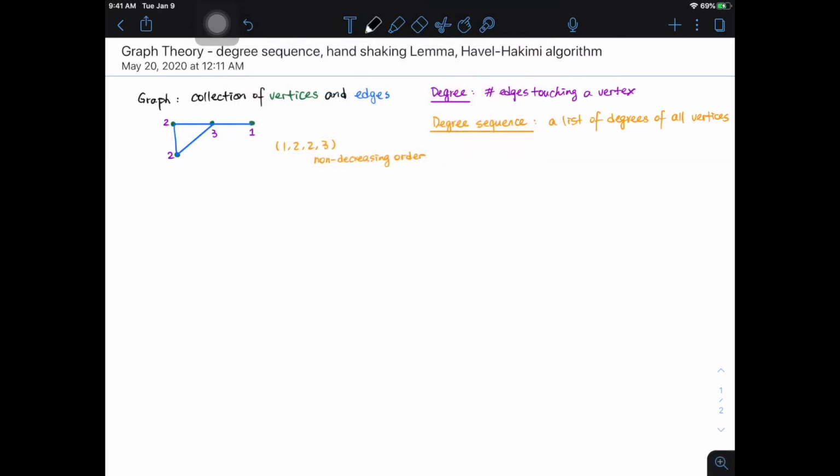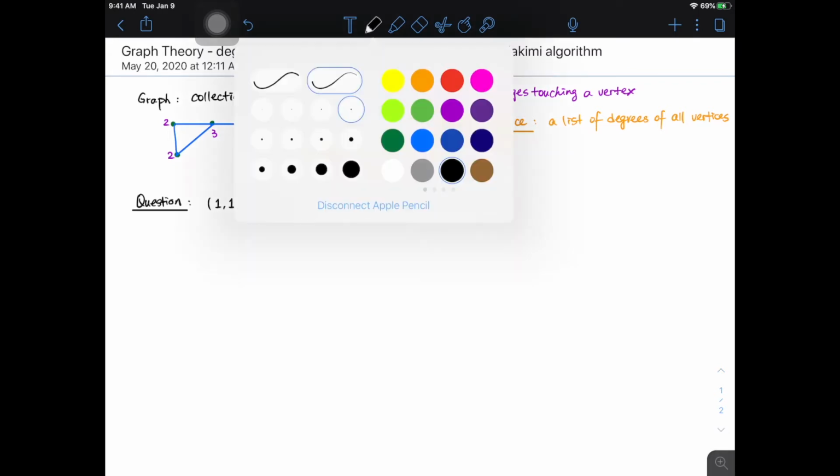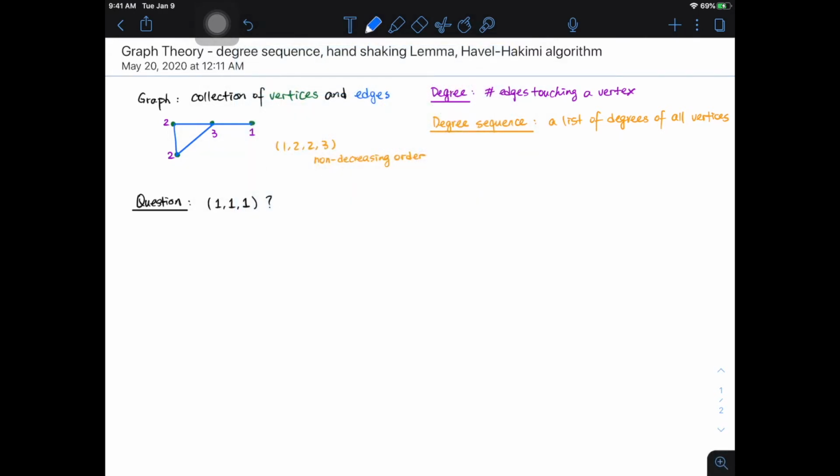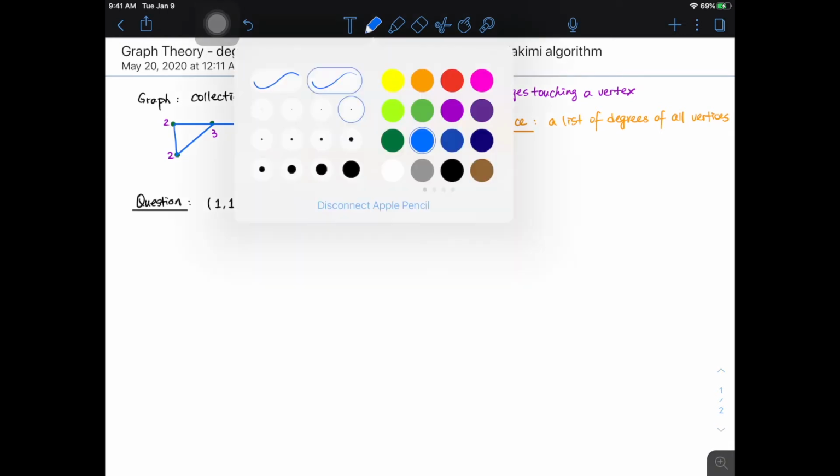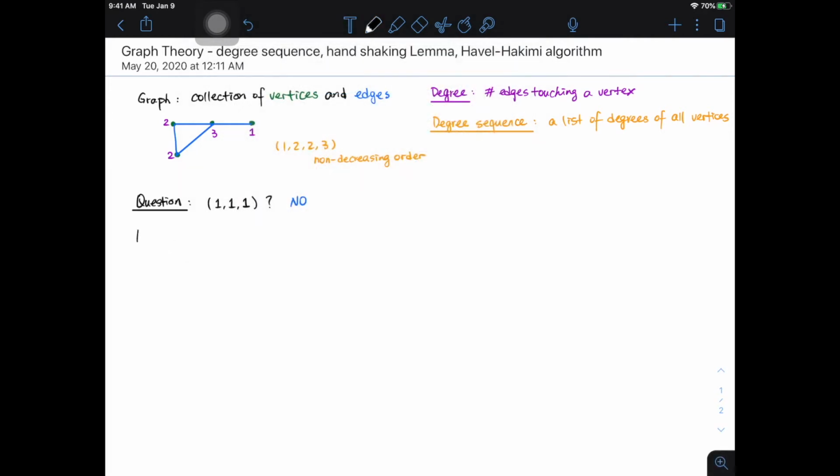So now let's think about a question: is there a graph whose degree sequence is, let's say, 1, 1, and 1? You can try a little bit, and you'll soon see that the answer to this question should be no. The reason that this is no can be shown through what is called the handshaking lemma.